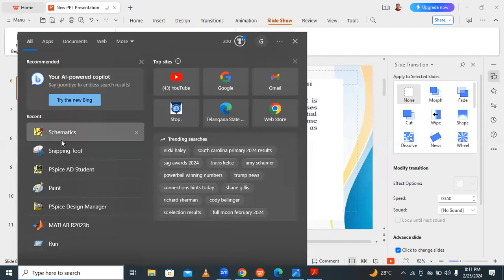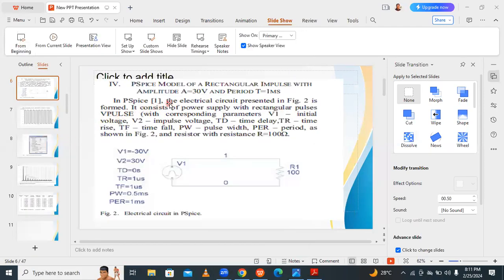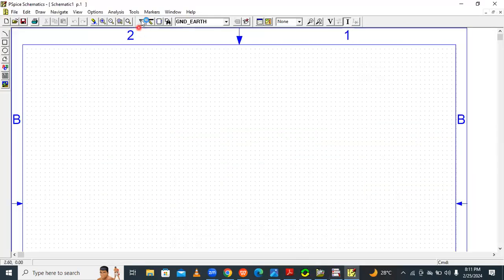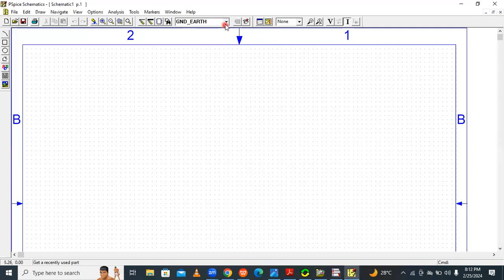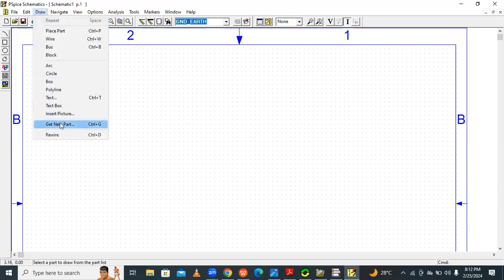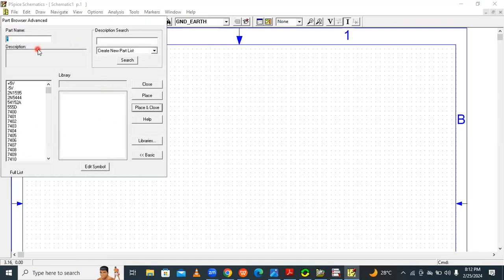Open PSPICE schematic. Like this, open PSPICE schematic, and take V pulse. Go to new part, draw, get new part. Right here, V pulse.